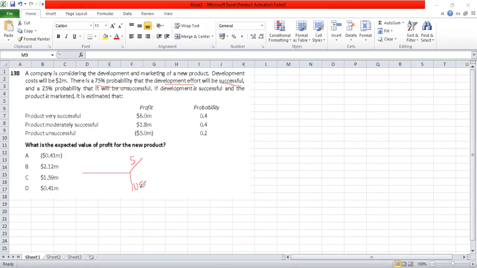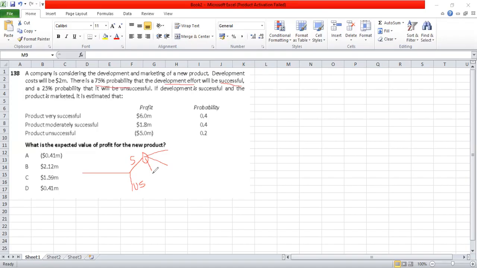Then it doesn't end here. It also says that if development is successful, the product will be marketed, and then there are three alternatives: the product will be successful, moderately successful, or unsuccessful.